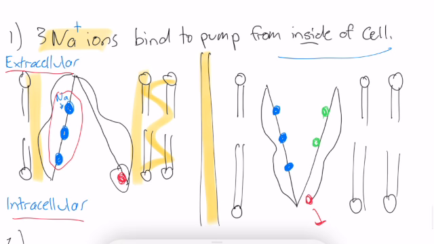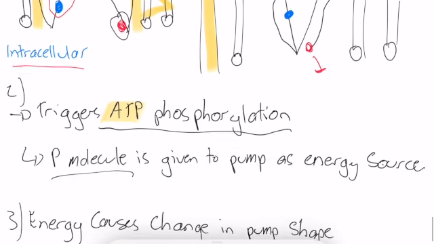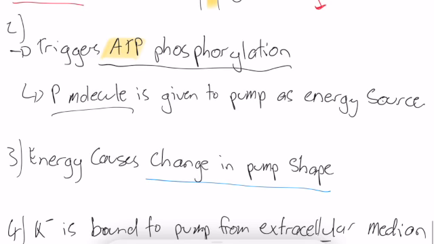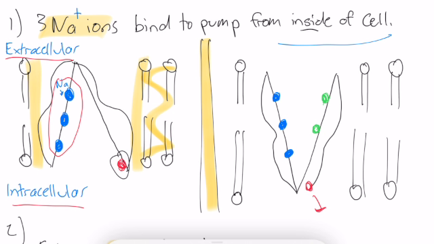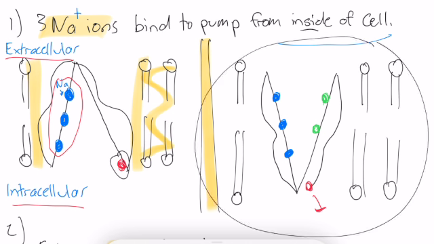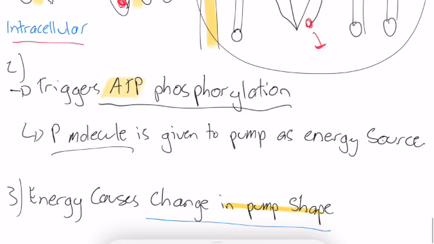So, after this ATP phosphorylation, the pump can change shape. On the second section of this page here, the pump changes shape such that it is facing in the extracellular direction, and this is as a consequence of that ATP.